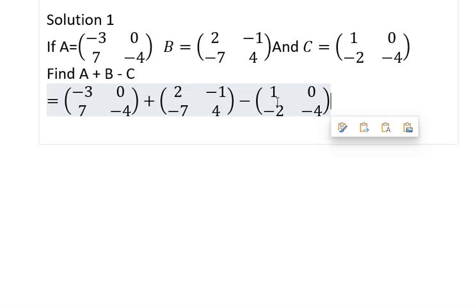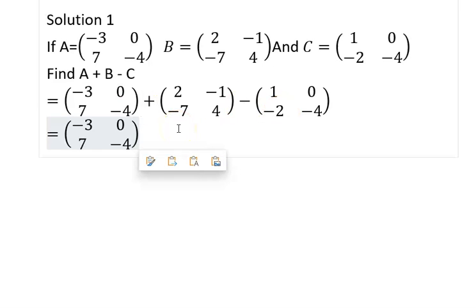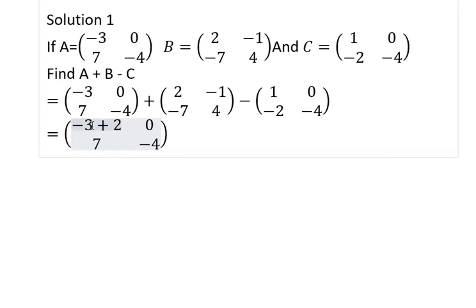So we now have our A plus B minus C. When adding or subtracting, ensure it is the corresponding element, because it is very easy to make mistakes. Let's start. Minus 3 plus 2, for the first element, then minus 1, the corresponding element.